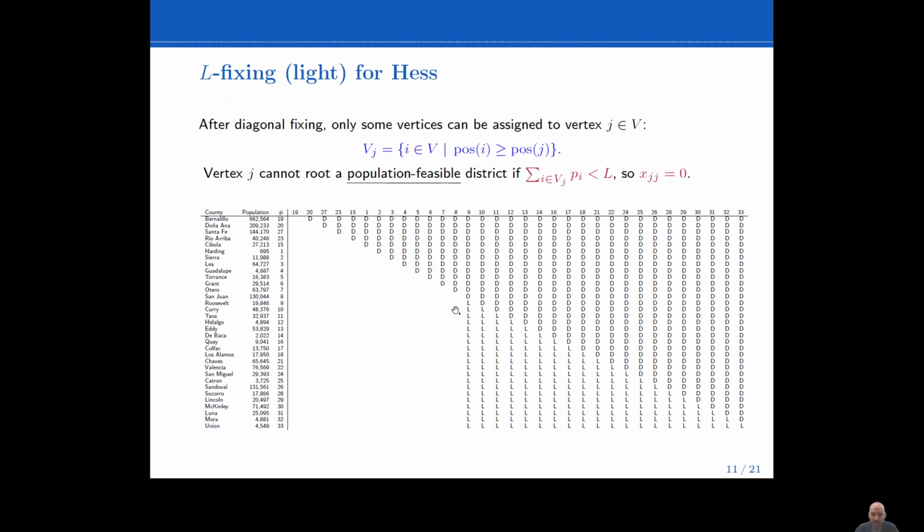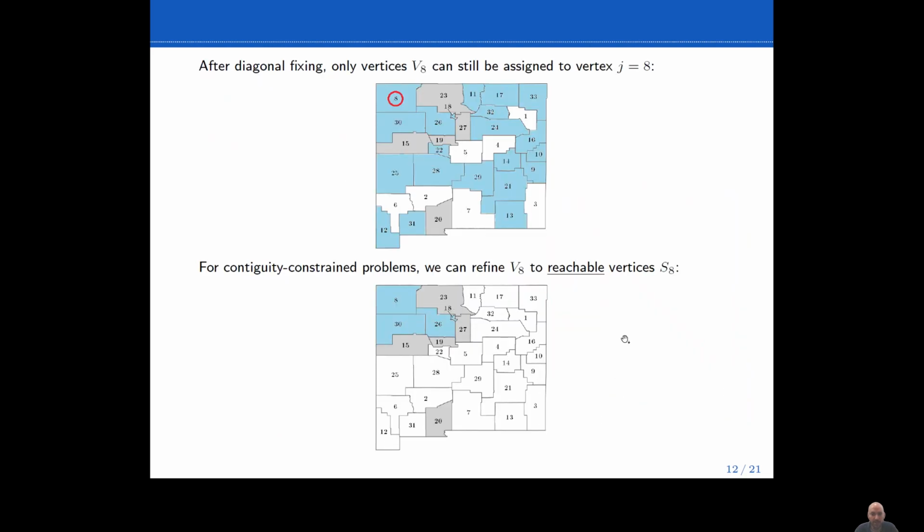But for vertex 8, the next one prior in the ordering, the situation is a little different. Here in blue, I've drawn all of the counties that occur later in the ordering than vertex 8. If you add up their populations, you'll actually get something that's suitable. It's more than L. The problem is contiguity.